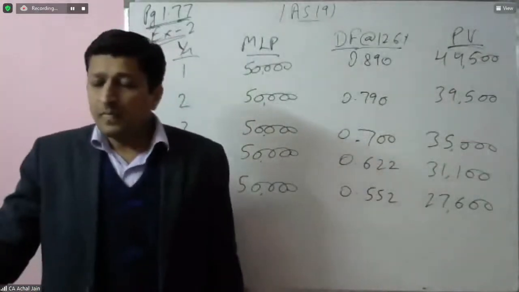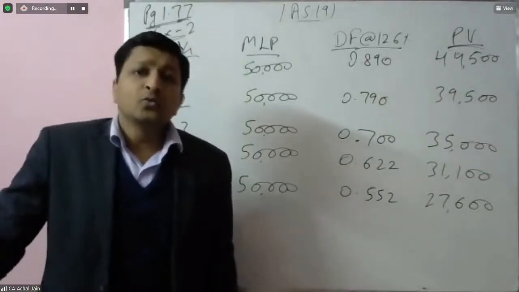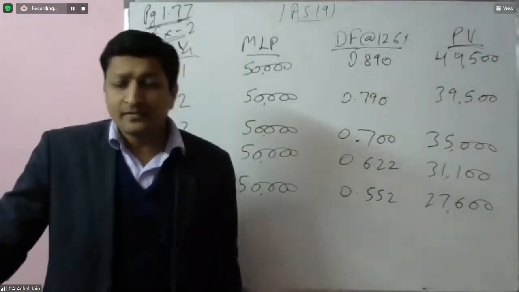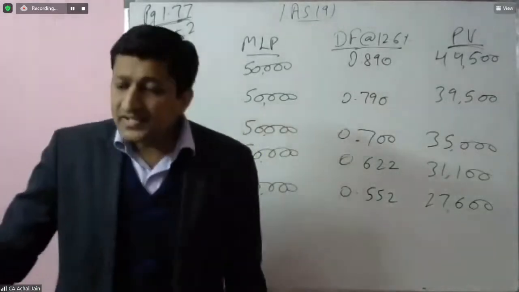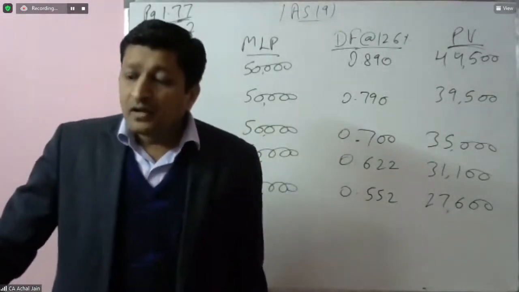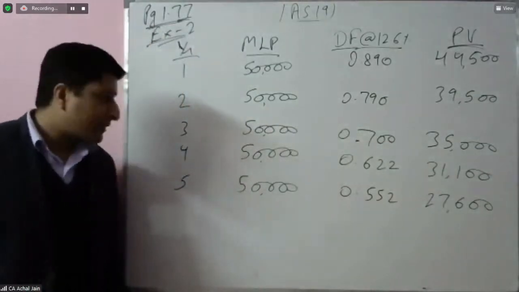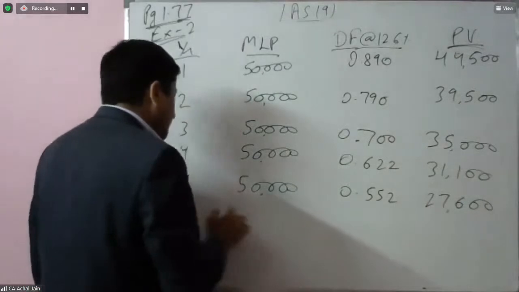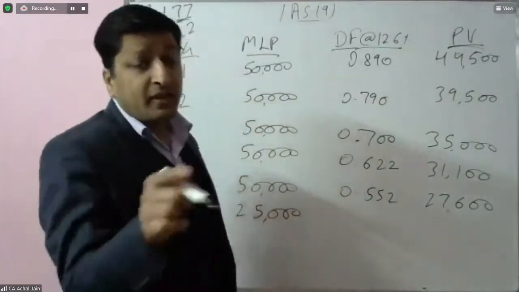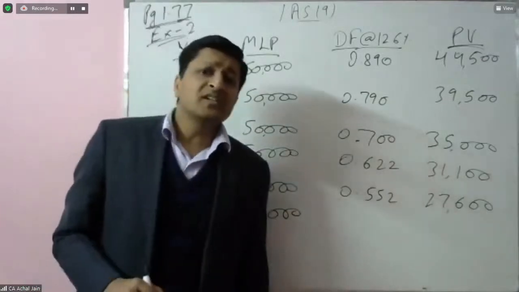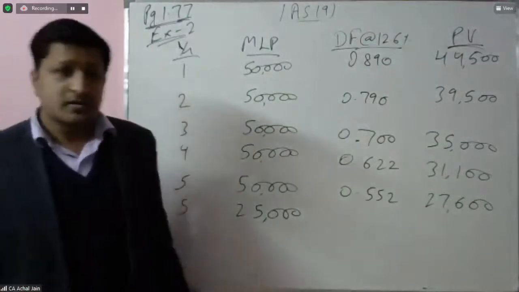Now, in this case, because we are required to do the accounting of the lessee, in whose books we are required to look at, along with the MLP we need to consider GRV. So in the 5th year, we will also consider GRV. But from the perspective of the lessee, do we consider UGRV? No. So we will only consider this.